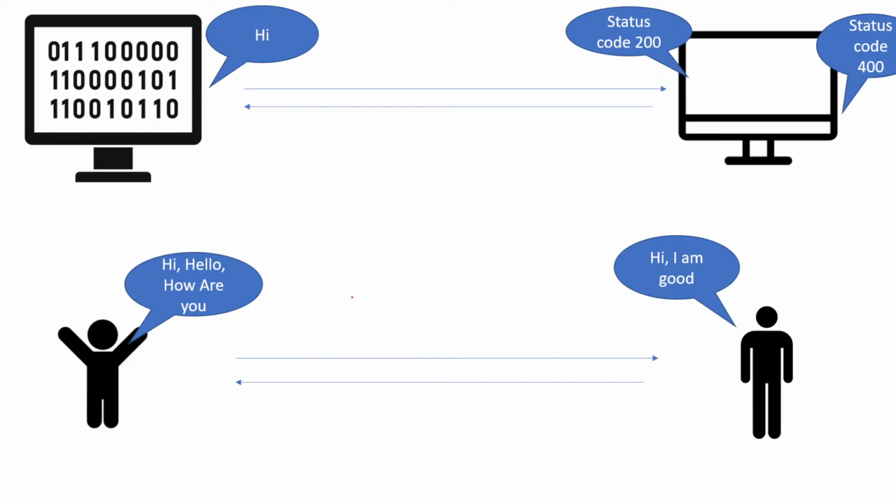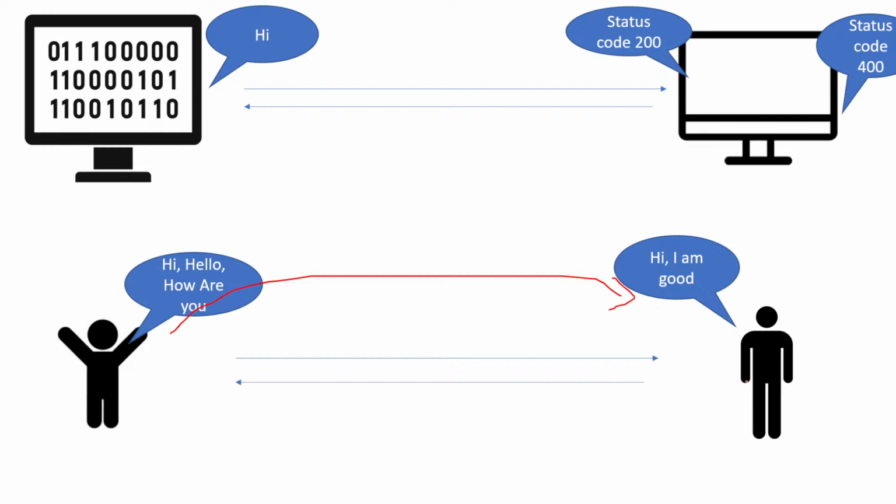Over the top of that, we have different protocols, like in humans, you can understand Hindi, English, Marathi, Gujarati, and so on. But if I start talking in Chinese or Korean, will you be able to understand that? Similarly with two computers, if I say hi, how are you, I'm sending a request, a signal, to a second person.